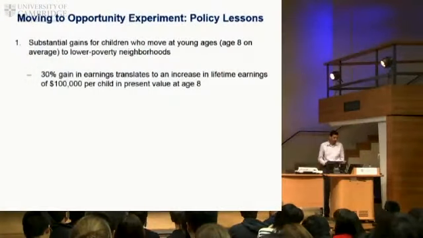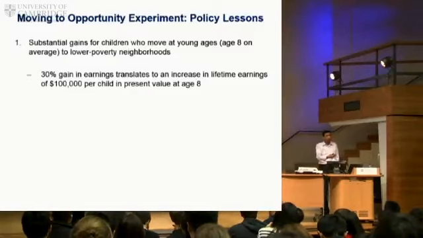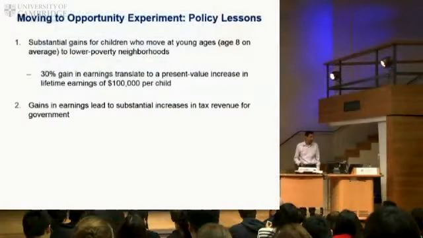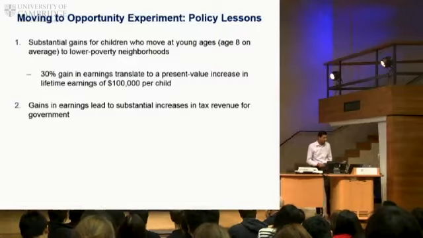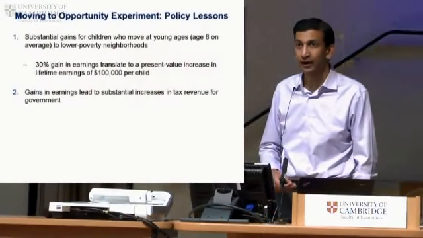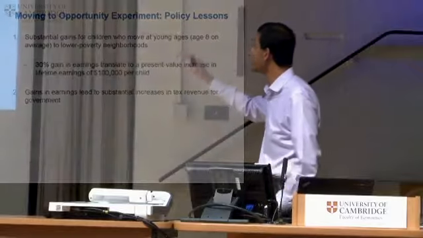So quite a substantial impact from giving these families through a lottery a housing voucher subsidy that required them to move to a lower poverty area. Now, we want to weigh these gains against the costs of such a policy in order to determine whether this policy makes sense. The second point to note in this context is that the gains in earnings actually end up ultimately saving the government a fair bit of money because they lead to substantial increases in tax revenue for the government itself.